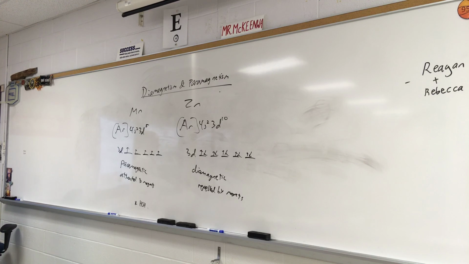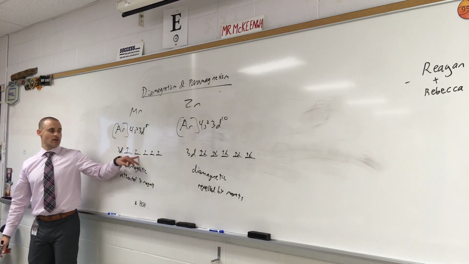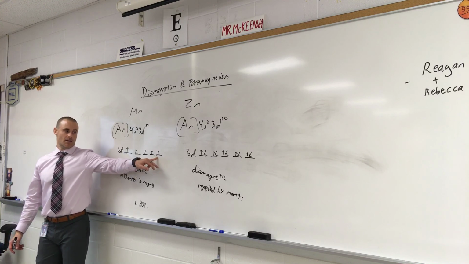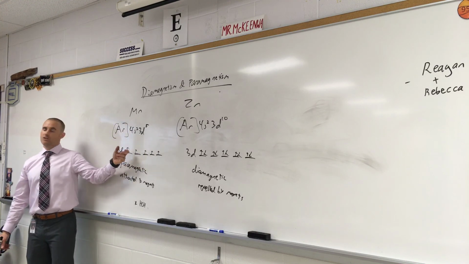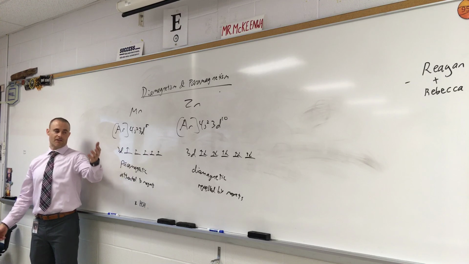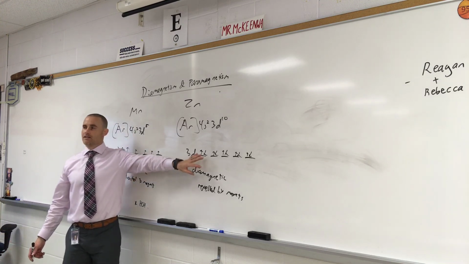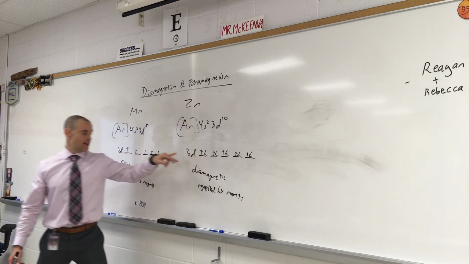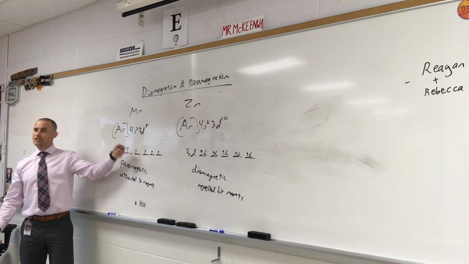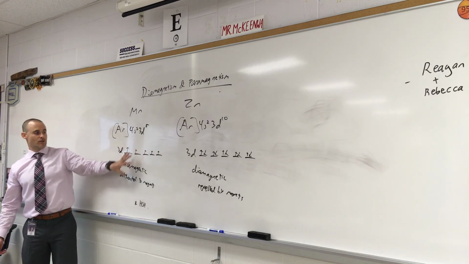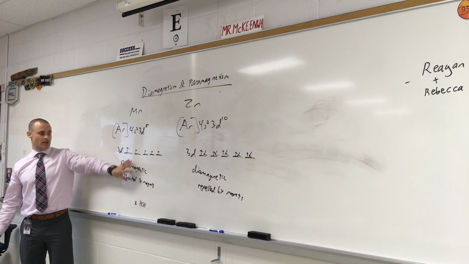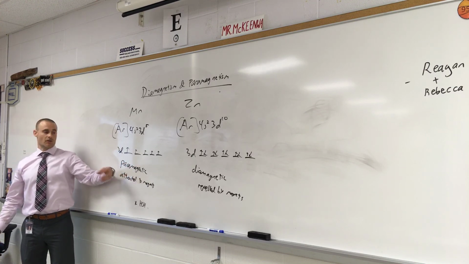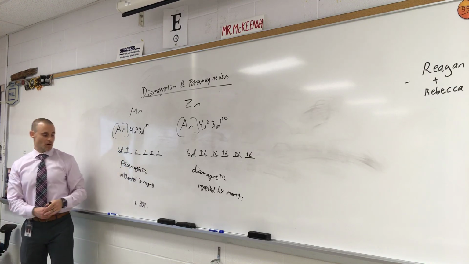What's the difference? Right, this one has all the electrons spinning the same direction. Think of it this way. I told you one spins one way, one spins the other, positive a half, negative a half. Think of this as like there's no charge here. But here, there's a net charge because there's not another one to cancel it out. So something with that charge is going to have an effect with magnets. It's going to be attracted to magnets. We'll talk more about that tomorrow.